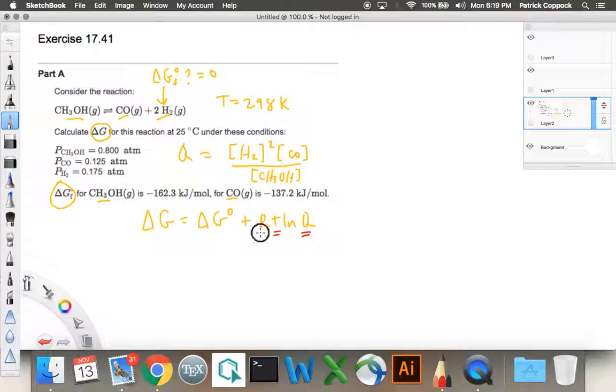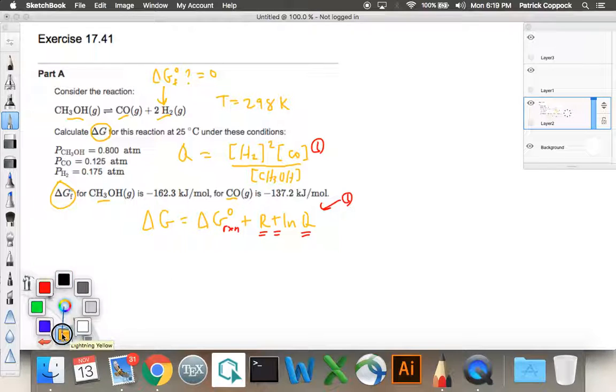I have temperature, and that's a constant. So what I need is delta G of the reaction. So first of all, I've got to calculate that. That's step 1, and it's right here. Step 2 is I've got to calculate this delta G of reaction.